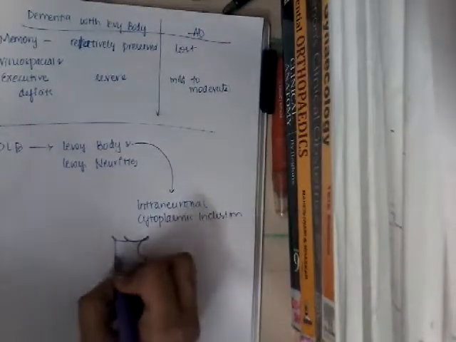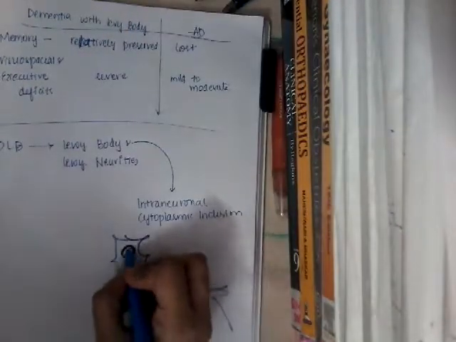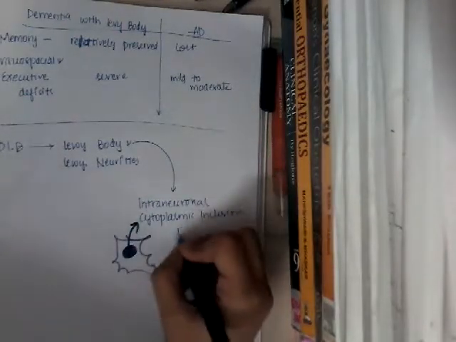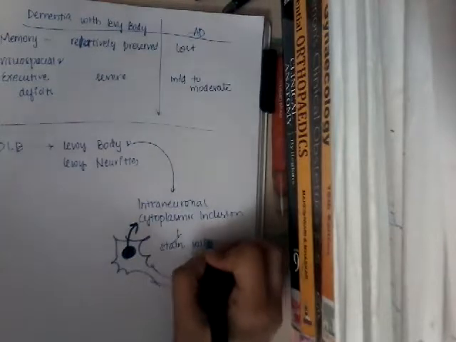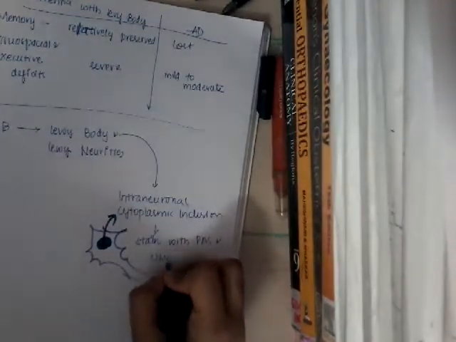If this is the neuron, it is an intraneuronal cytoplasmic inclusion body and it stains with periodic acid-Schiff and ubiquitin.